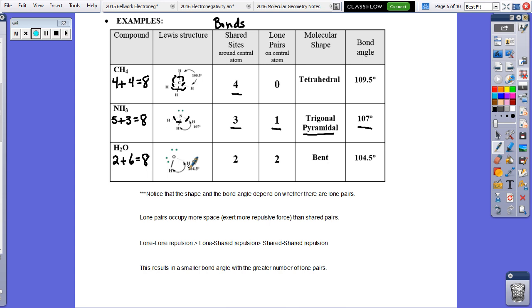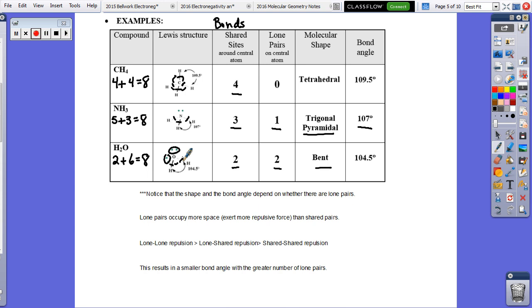And when I go count my bonds and lone pairs, I have 2 bonds and 2 lone pairs. So that combination of 2 bonds and 2 lone pairs on my reference sheet gives me the shape bent. Notice the bond angle is getting smaller, and that's because these lone pairs are pushing and putting more pressure on those bonds, pushing them closer together.